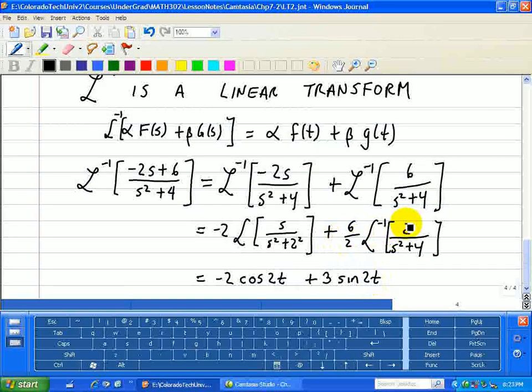Again, we took this 2 and this 2. 2 divided by 2 is simply 1, so we modified this function such that it fits the form in our inverse Laplace transform table. And now that we recognize that this is just a sine function, well, we can rewrite this 4 as 2 squared, then we can see that this is 6 divided by 2 is 3, and this function has the form of sine 2t.